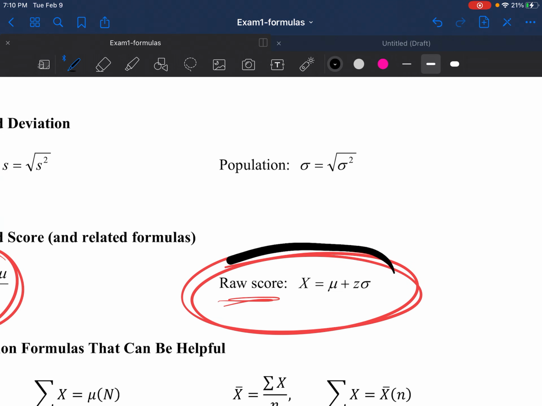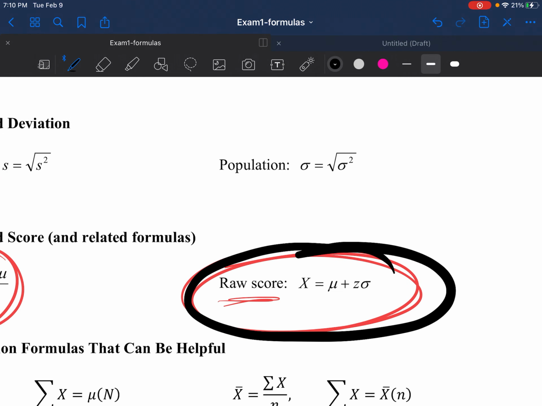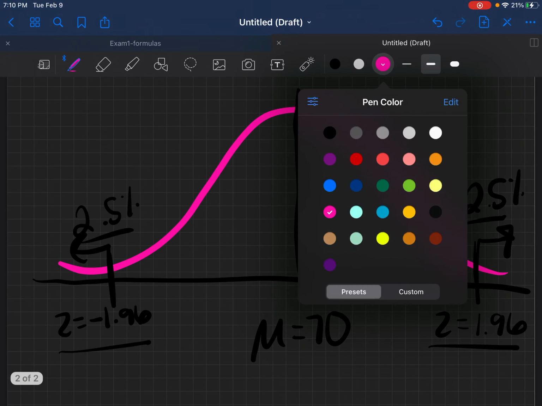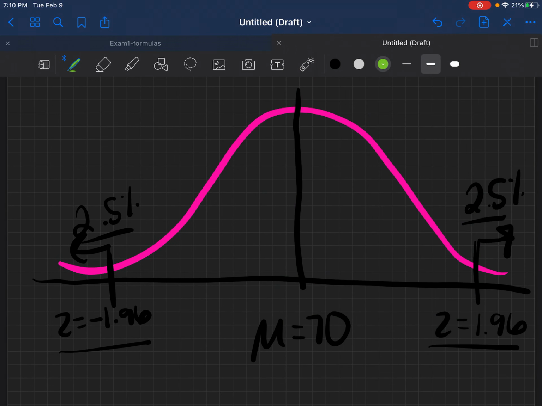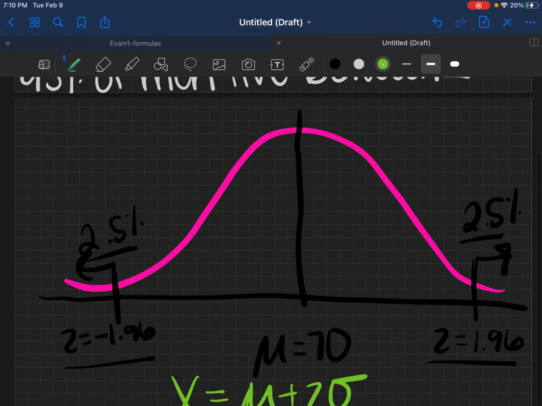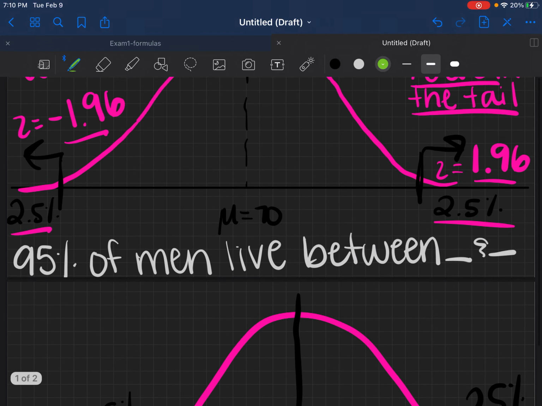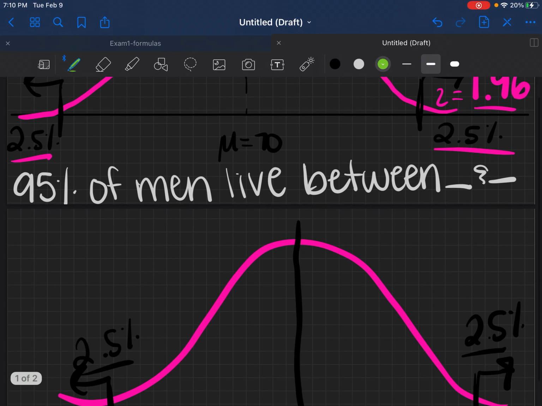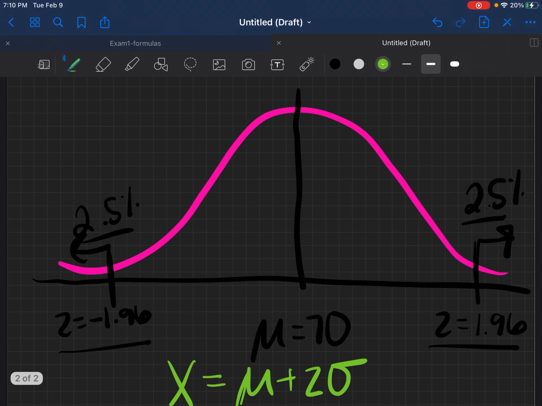So we have our z-score, we need the raw score, so we're going to be using this. This formula says x equals mu plus z times the standard deviation. Remember that we were given mu and the standard deviation up here, so we're just going to plug that right into the formula.